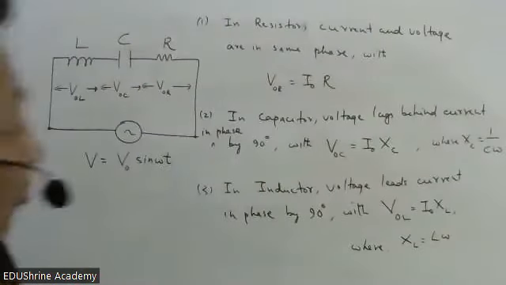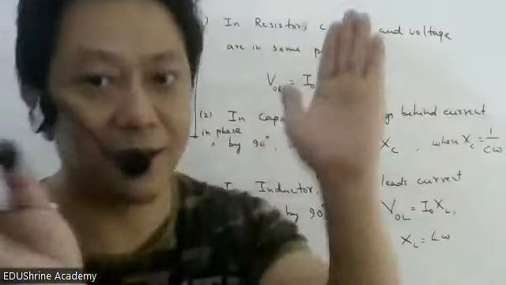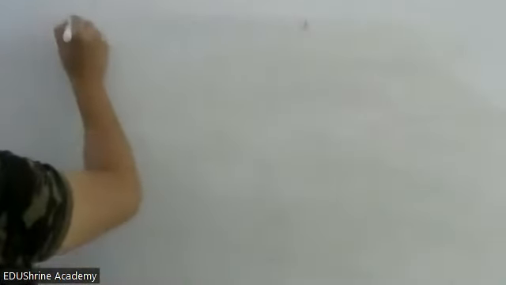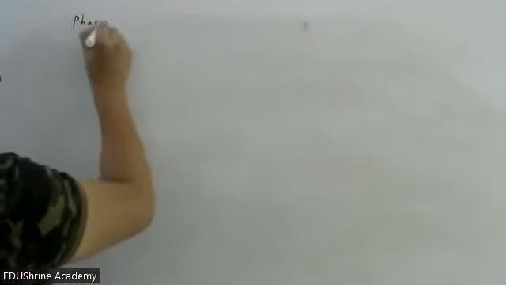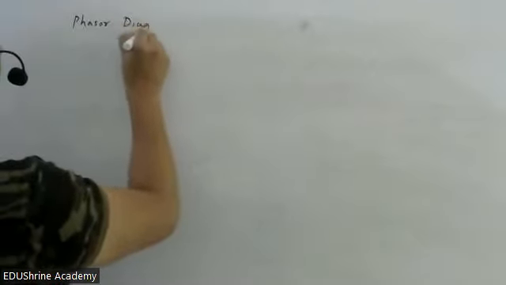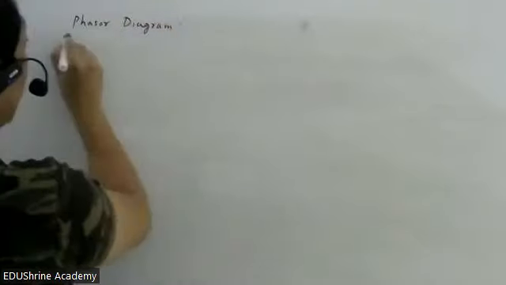Okay. Now what we will do, all these three we will put in a diagram. So now students, whatever three sentences I wrote, we will put in a diagram called phasor diagram. So now I will draw the phasor diagram corresponding to whatever we wrote. As I told, current is the same in all the three elements. Here elements means circuit elements: resistor, capacitor, inductor.